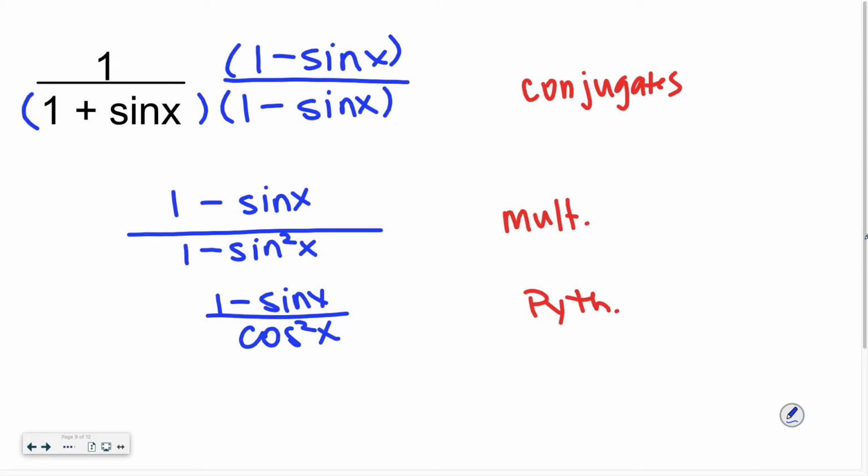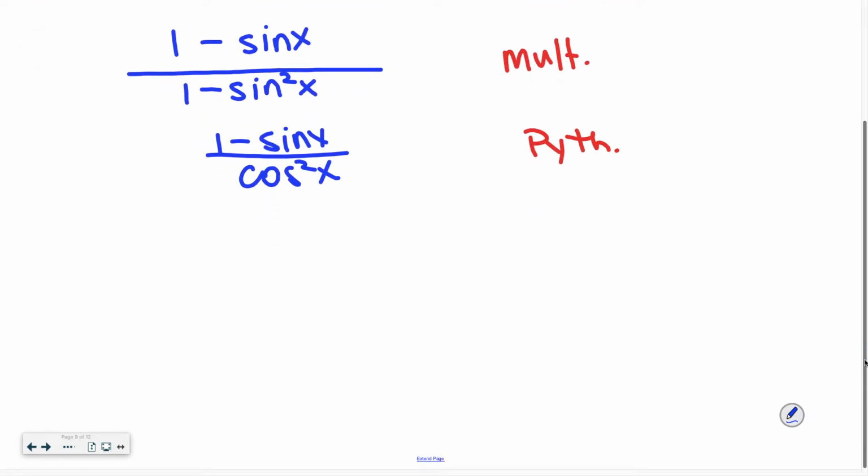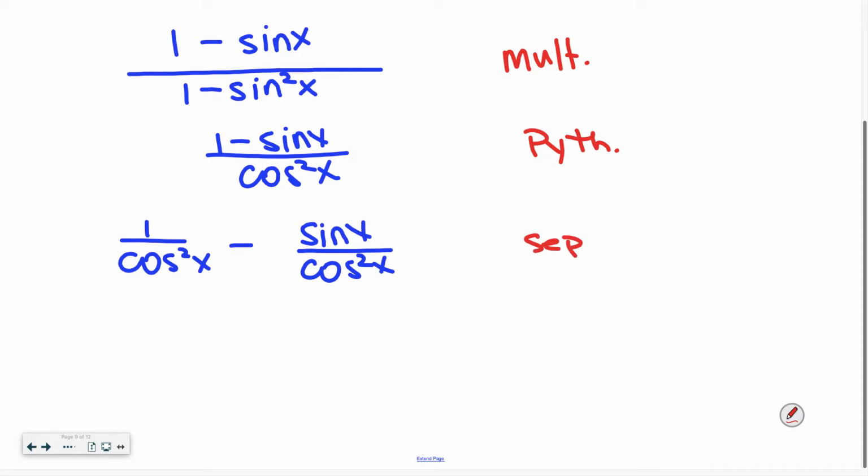Now we have it to where our numerator has 2 terms and our denominator only has 1. So we are allowed at this point to break up a fraction. We cannot do that if we have 2 terms in the denominator, but if the 2 terms are in the numerator, that's fine.